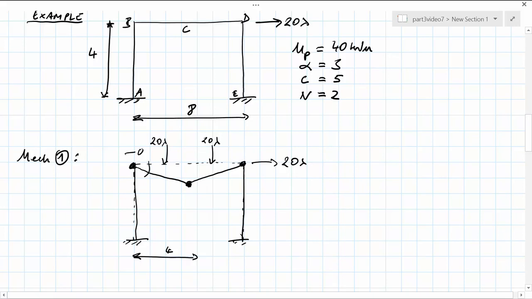Again, we have angles minus theta, and 2 theta at plastic hinge locations. And at the center, we have displacements dCV.